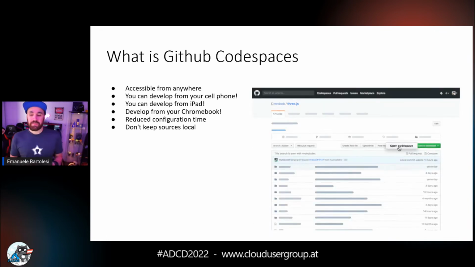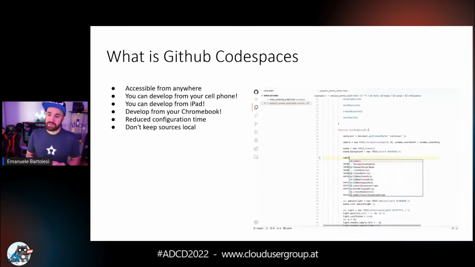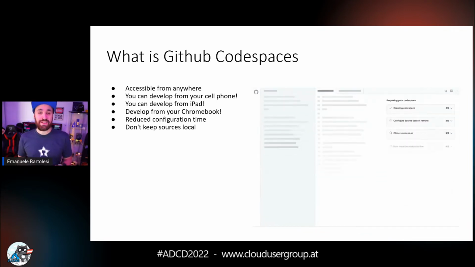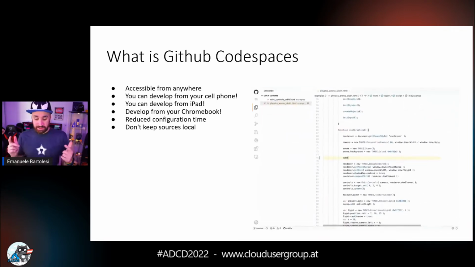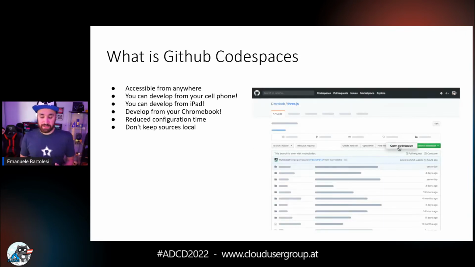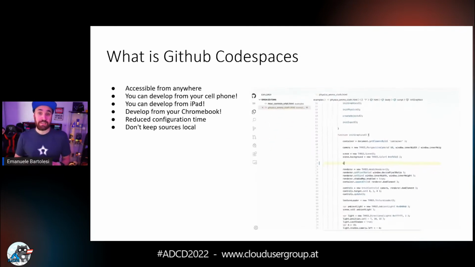Another most important feature of GitHub Codespaces is that you don't have anything of the source locally. It means your intellectual property is not on your machine, but is in the cloud.